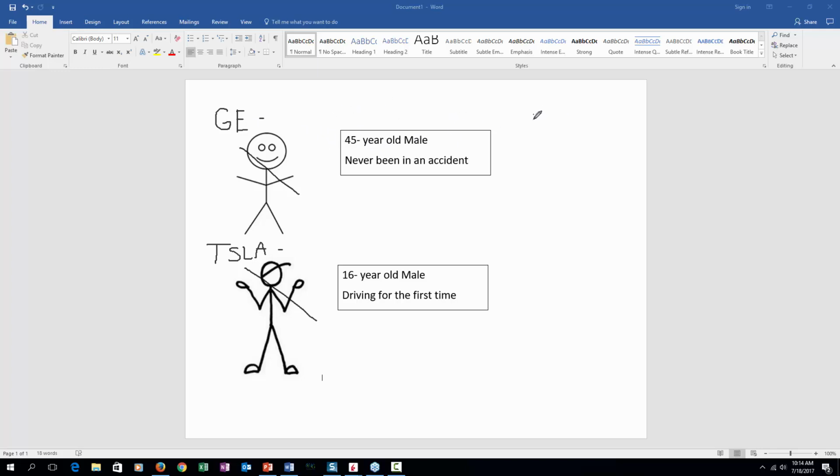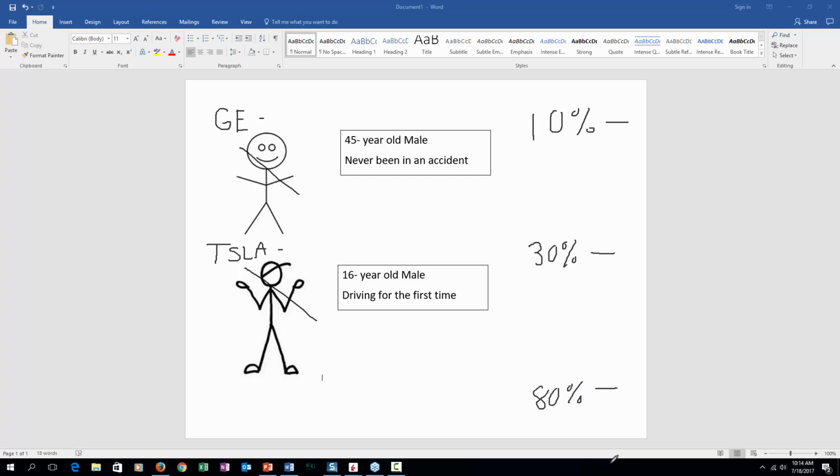So GE might have implied volatility of 10% or whatever, and Tesla might have implied volatility of 30%. And something really crazy and volatile might have implied volatility of 80%. So what does this number mean? These percentages that you get in implied volatility?